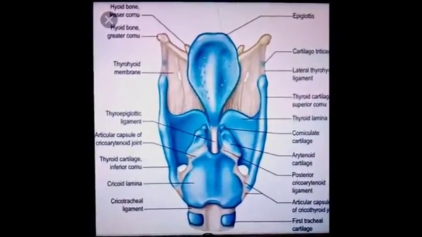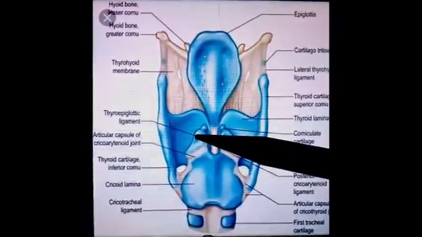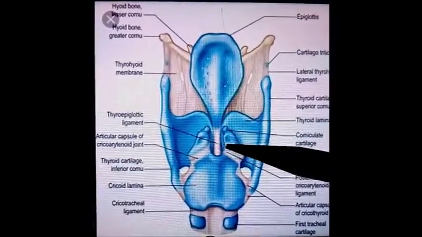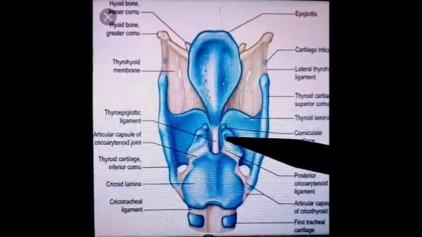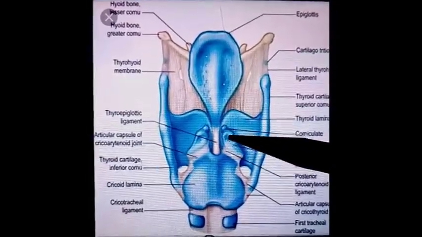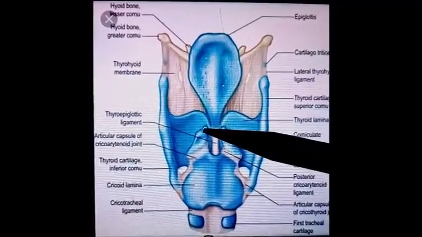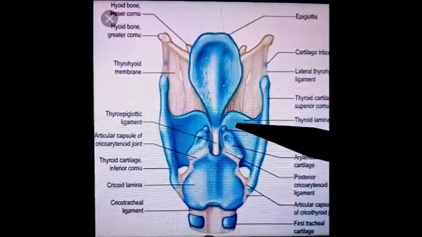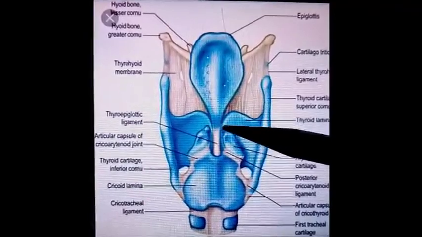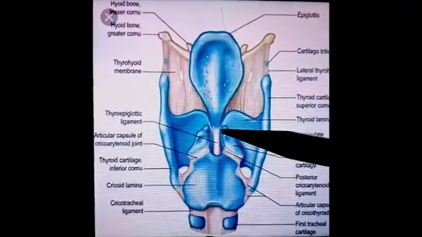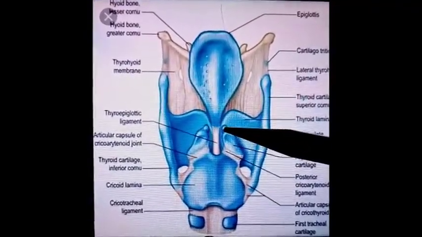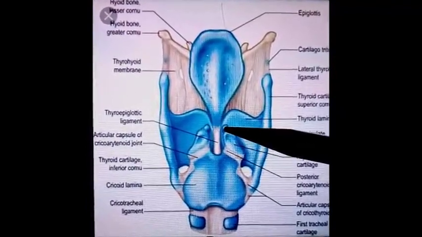Out of the paired cartilages, first is the arytenoid cartilage. It is present as a pair and is pyramidal in shape. Next is the corniculate cartilage. It is a smaller cartilage placed above the arytenoid cartilage, and it articulates with the apex of the arytenoid cartilage.